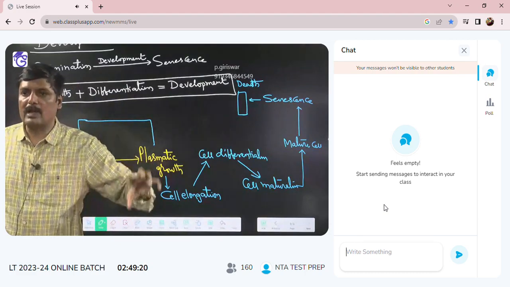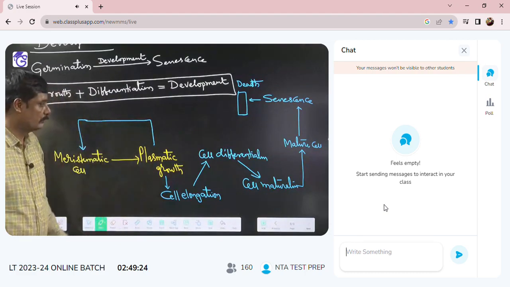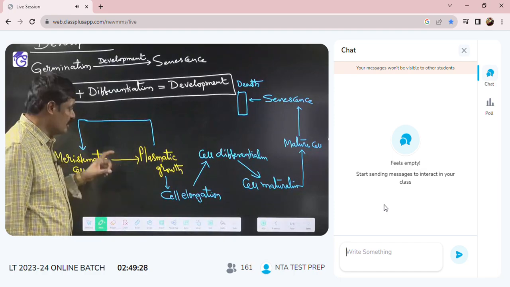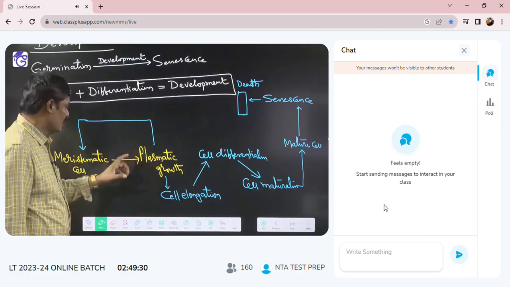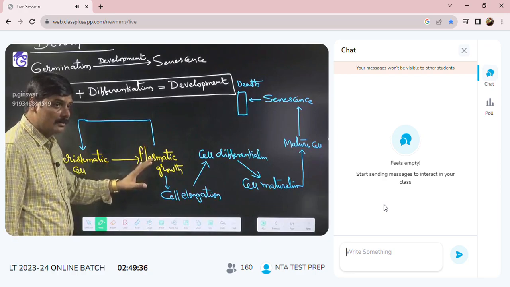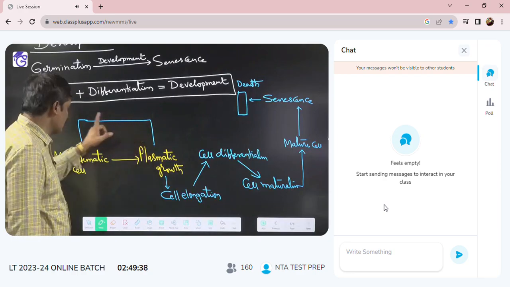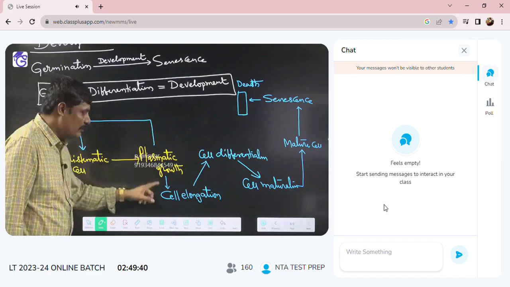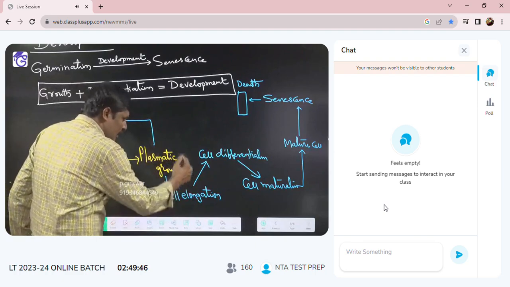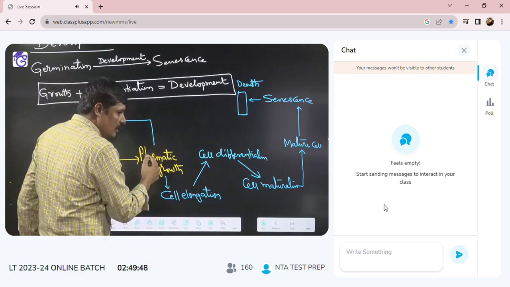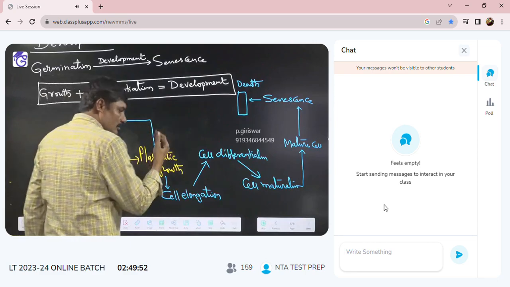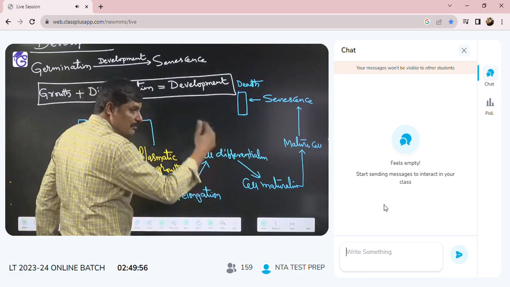This is the development process in plants. Hope you understand. So this is the correct sequence. Meristematic cell undergo plasmatic growth. After plasmatic growth is over, the cell divide and both the cells become meristematic, or either one cell or both the cells gradually becomes mature.